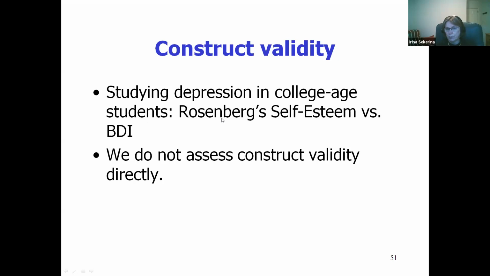So we talked about Rosenberg's self-esteem scale, which only has 10 questions, last time, and this is Beck's Depression Inventory, BDI, that has been in use in clinical and cognitive psychology since the 1960s. Okay, we'll come back to BDI in a minute. The problem is, again, we cannot measure depression directly. There is no machine that you can be hooked up to and then the machine would say, oops, you're depressed.